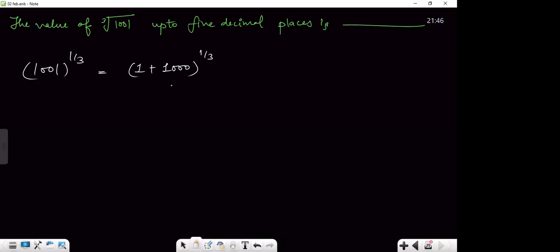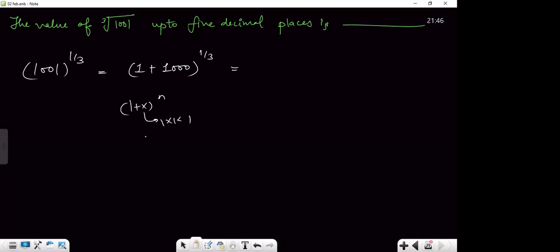1 plus x raised to power n, n is less than 1, absolute value of n. So here we'll first take common. Because 1 plus x raised to power n will only work when x is less than 1, na?